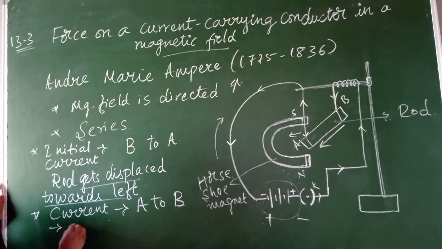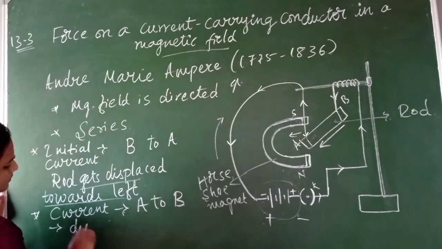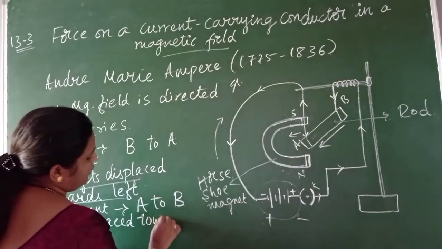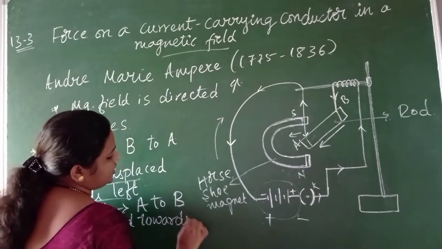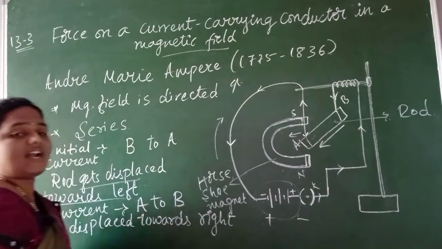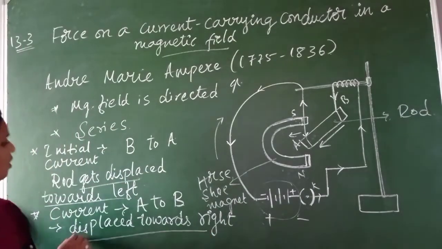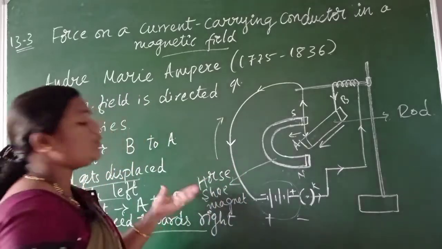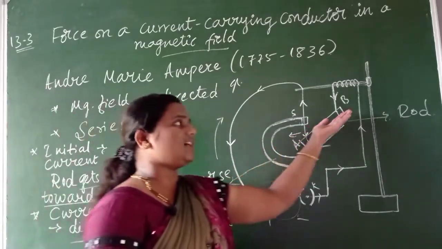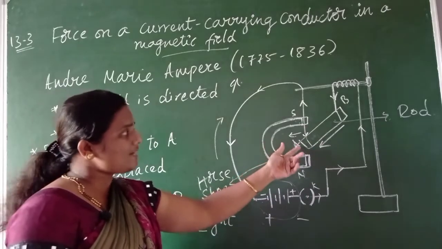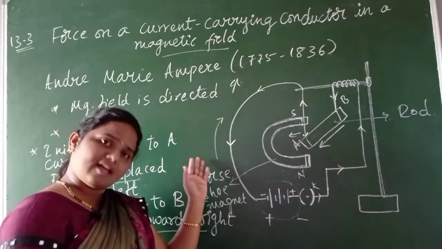How did it get displaced, children? The rod gets displaced towards which direction? Right side. Isn't it, children? These are the two main things we have to understand. We found that when the current is flowing from end B to end A, the displacement of the rod is towards left.